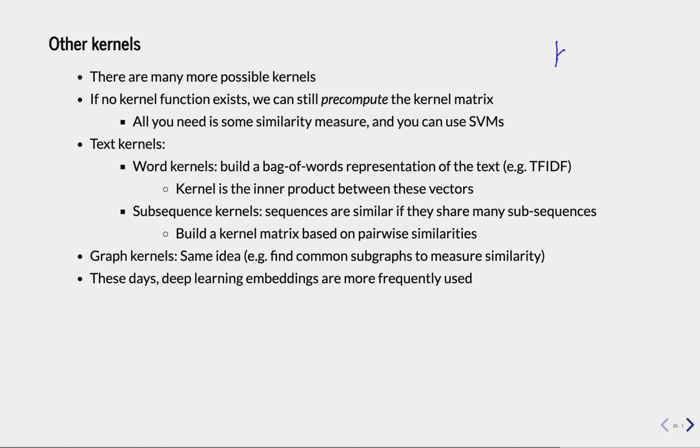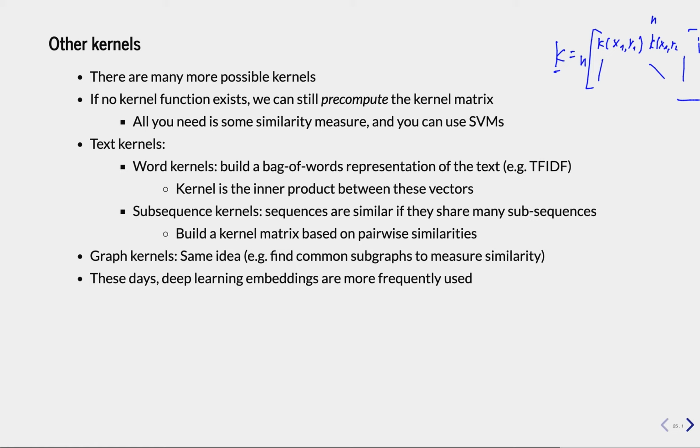Let's say K is kernel of x1, x1, kernel of x1, x2, and so on. So it's the whole matrix of these possible values. If you can pre-compute that for all your n points, then you don't need the kernel function. You just need the kernel matrix.